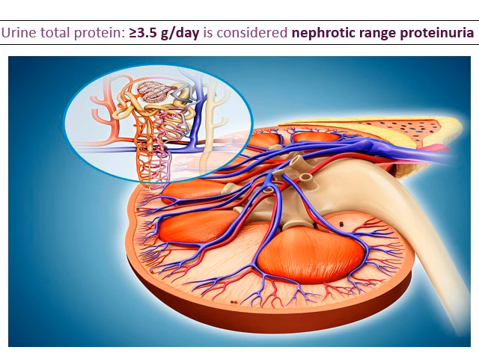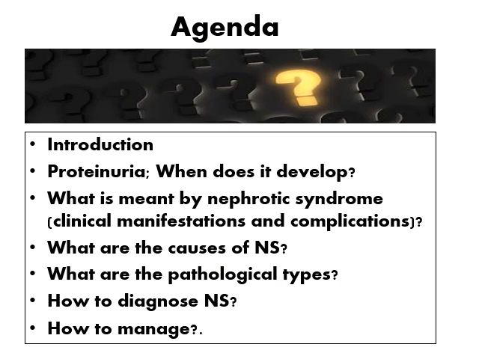When urinary total protein exceeds 3.5 grams per day, this is considered the nephrotic range proteinuria and also refers to affection of the glomeruli. If the nephrotic range proteinuria exceeds 3.5 grams per day, does it mean that every patient with proteinuria exceeding 3.5 grams per day equals nephrotic syndrome?